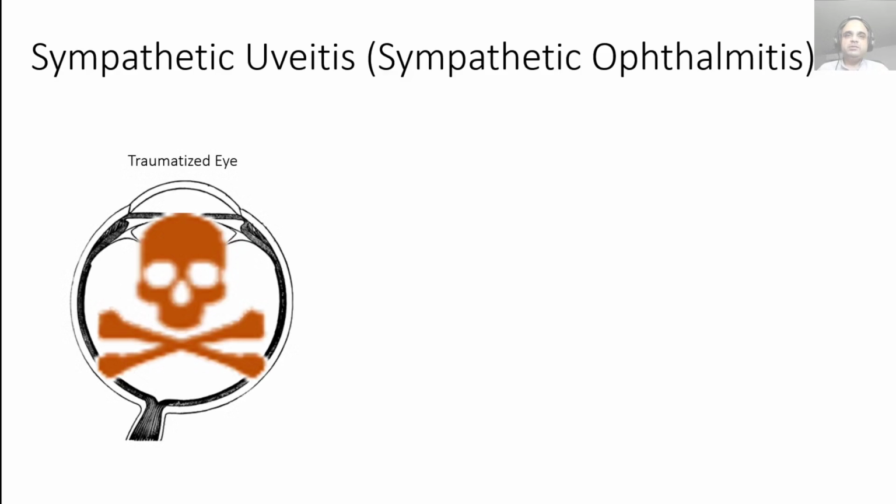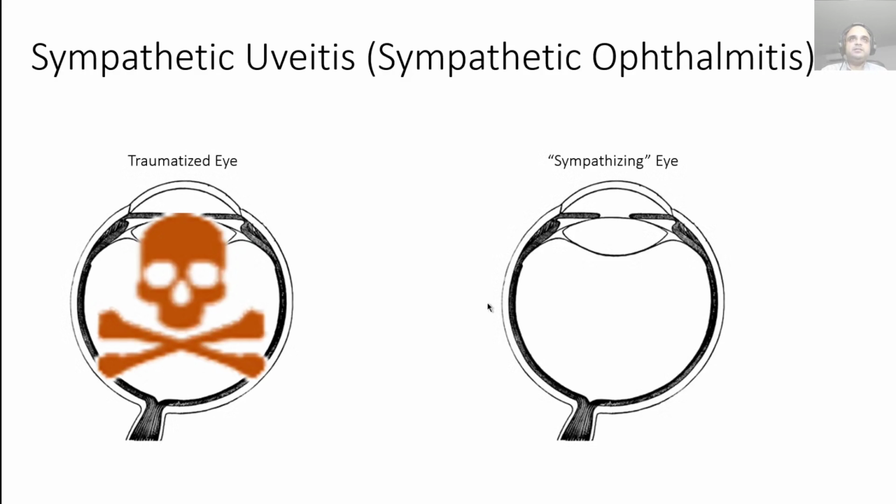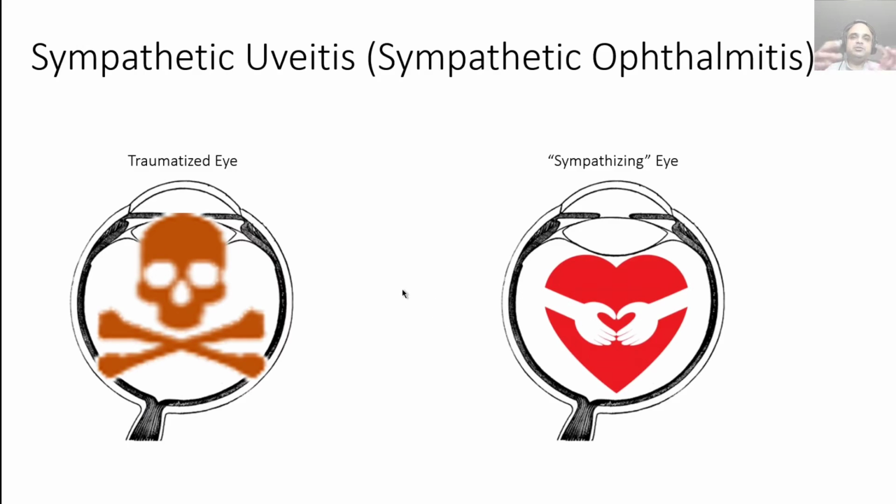So if I were to show you diagrammatically what this was, this is a traumatized eye. This is the good eye, and after a little while, sometime after 2 weeks, and it has been reported to have occurred after 40 years, this eye starts sympathizing with this eye and develops a uveitis within itself, an inflammation within the eye.